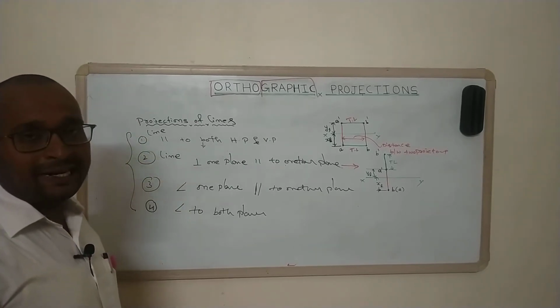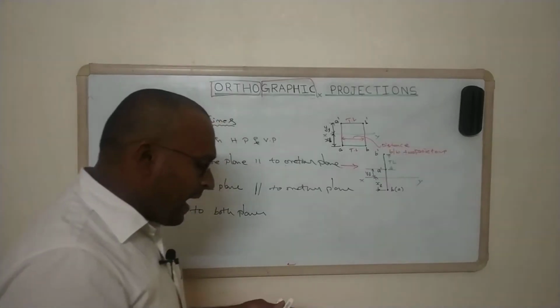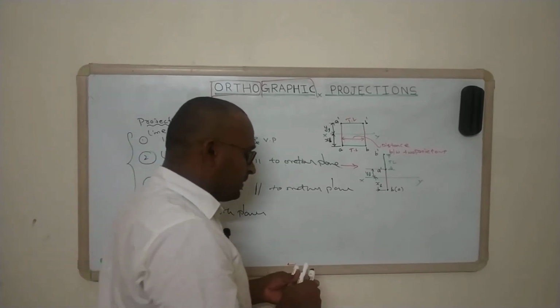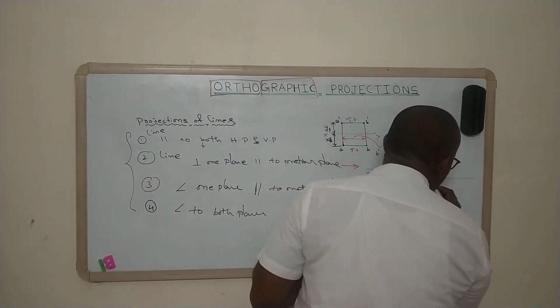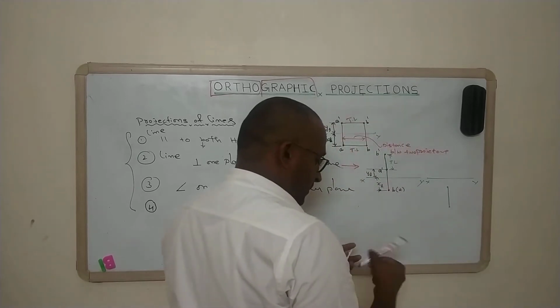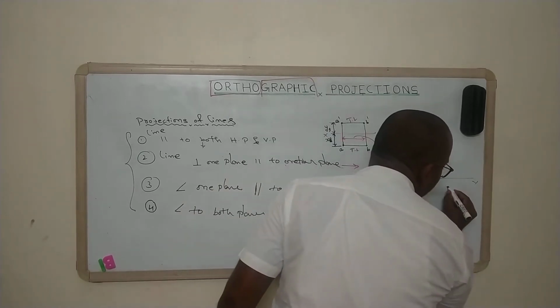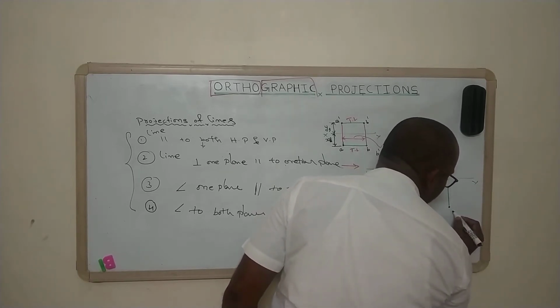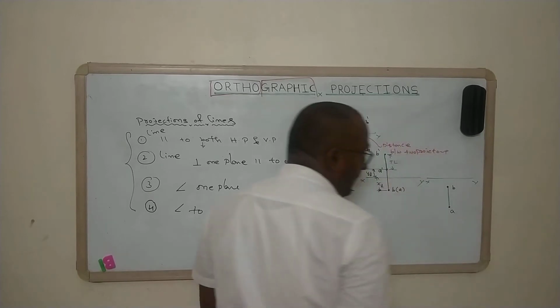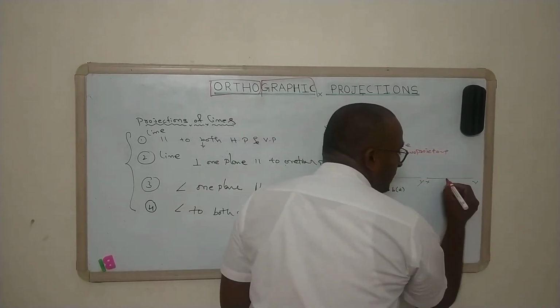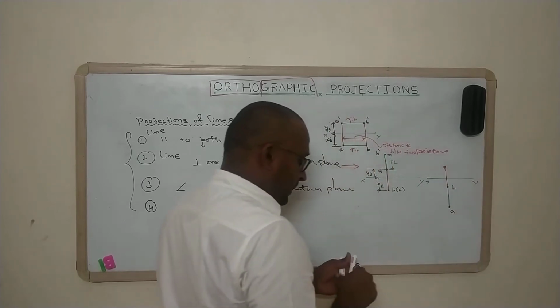This is the way we need to solve the problem when the line is parallel to the VP and perpendicular to the HP. If the line is parallel to the HP and perpendicular to the VP, definitely we should start with the XY line, then the top view consists of the A, B length line, and then we need to project it upwards at the required position.